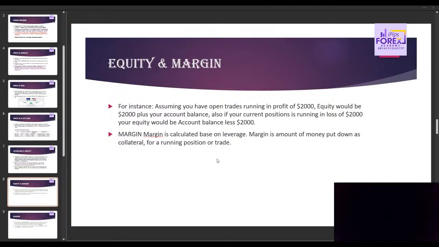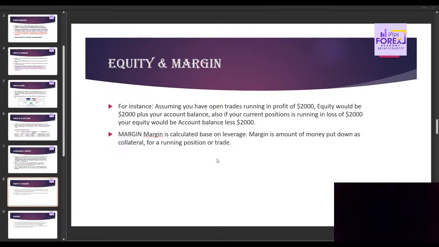That's fantastic. Now, equity and margin. That's the next topic we're talking about. What does your equity mean? I've talked about equity earlier, actually. This is just a deeper explanation. For instance, you have an open trade running in profit of $2,000 and you have an account balance of $2,000. Your equity will be $4,000.